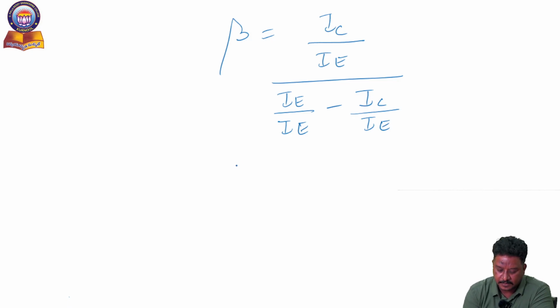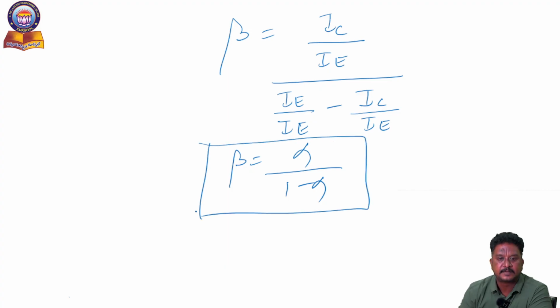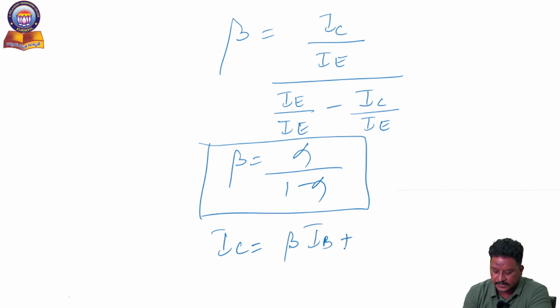From the common base configuration, we know alpha by 1 minus alpha. That is the relation between the amplification factor of common base configuration and common emitter configuration. From this basic relation, I am concluding the equation of a transistor used in common emitter configuration. IC is equal to beta into IB plus, as we know, 1 plus beta is 1 plus alpha by 1 minus alpha.